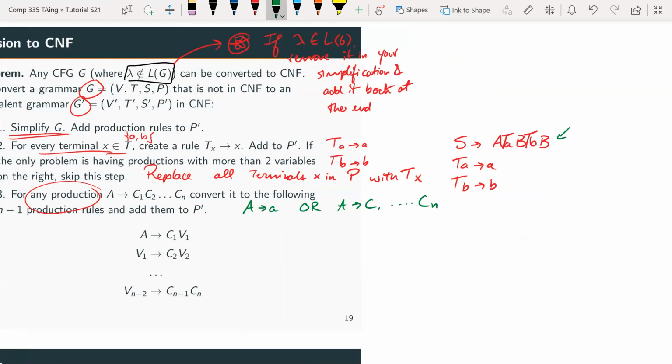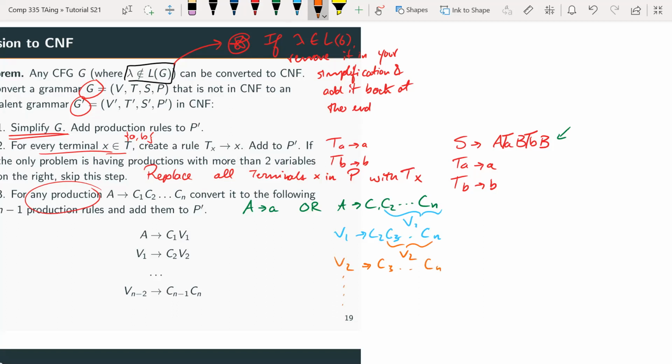And so in that case, what you can do is the trick that I showed before. So let's say you have C1, C2, ..., Cn, then replace C2 to Cn by, let's say, V1. Then V1 becomes C2 to Cn. So then replace C3 to Cn by V2. V2 becomes that.